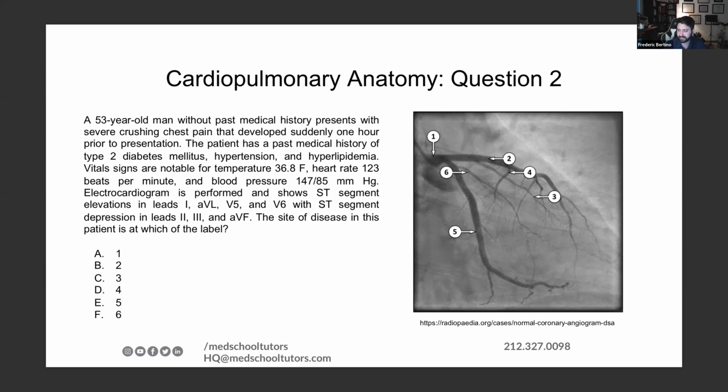Now, something else that we said before in our CT evaluation was that the LAD takes what course along the heart? Is it a ventricular septal course, or does it wrap around the back of the heart? You should know this based on how those arteries are named. Yeah, it's going to go down the ventricular septal course.